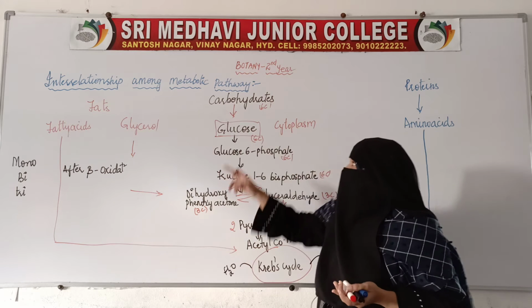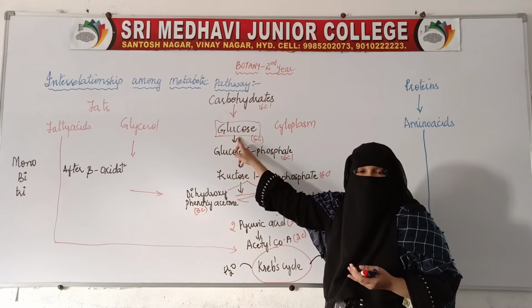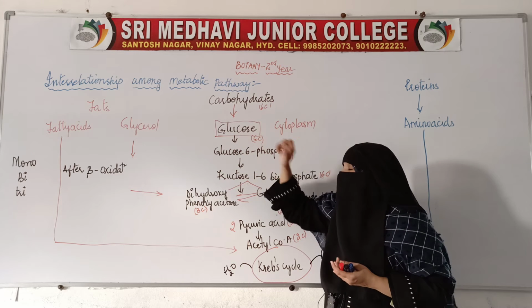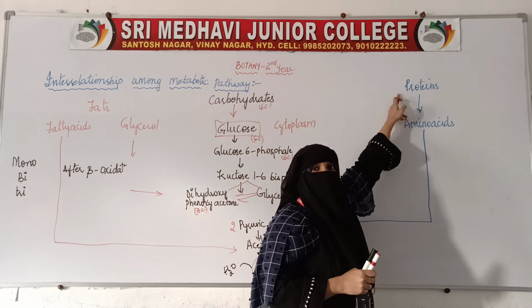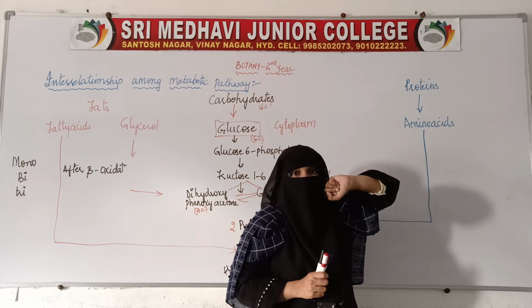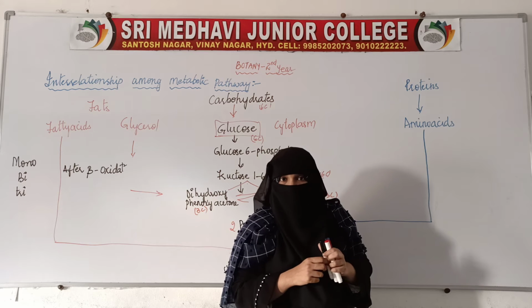Carbohydrate is one respiratory substrate, protein is also one. Carbohydrates, after digestion, are converted into simple glucose, whereas proteins are also one type of respiratory substrate. We take proteins in the form of food.